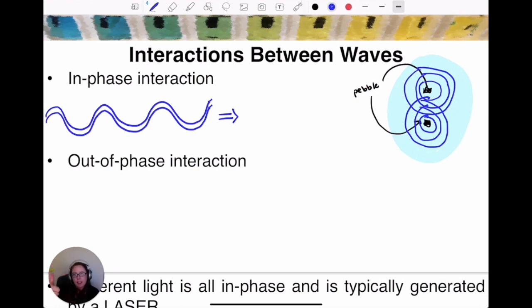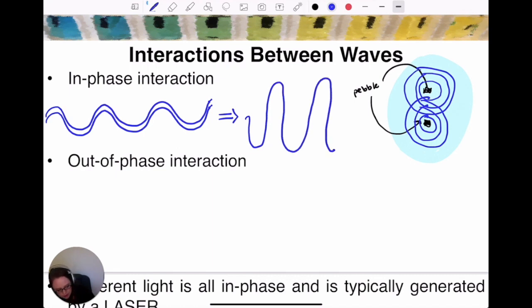The wavelength doesn't change, the frequency doesn't change, the amplitudes add, and we get one wave with twice the amplitude. So if our first wave has just A, then after constructive interference the amplitude is going to be 2A.